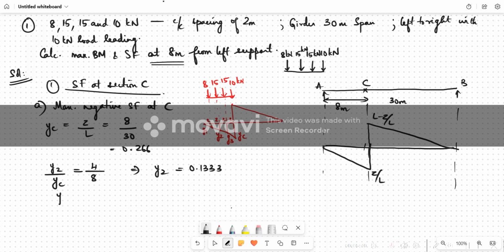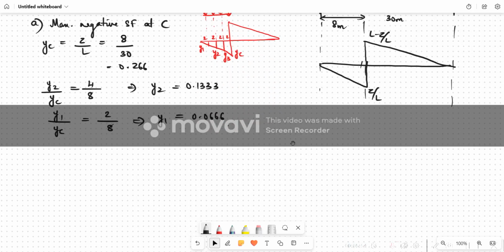Similarly, y1 divided by yc is equal to 2 divided by 8. That gives y1 as 0.0666. And y3 divided by yc is equal to 6 divided by 8, which gives y3 as 0.2.